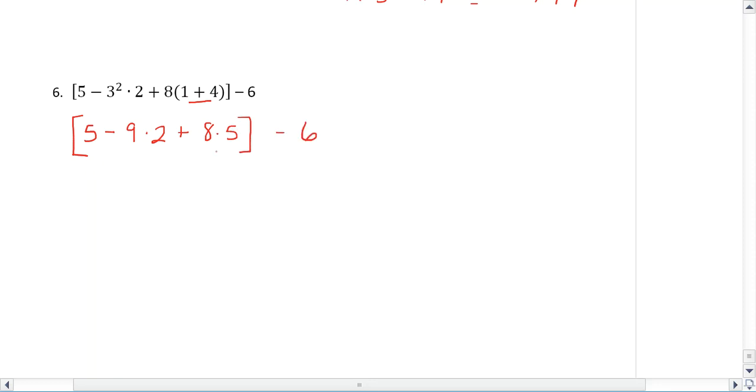So now I have some multiplying to do. 5 minus 18 plus 40. Again, keeping those brackets because we have to do all that first before we subtract the 6. So I have 5 minus 18, and then adding the 40, I end up with 27, and 27 minus 6 equals 21.